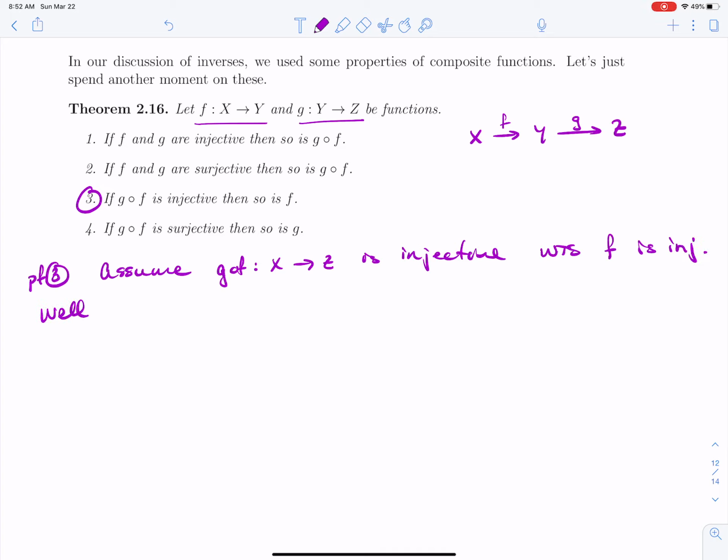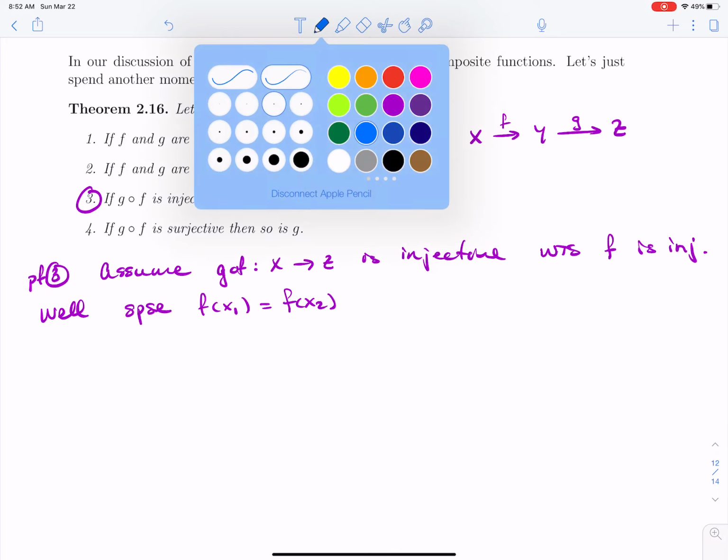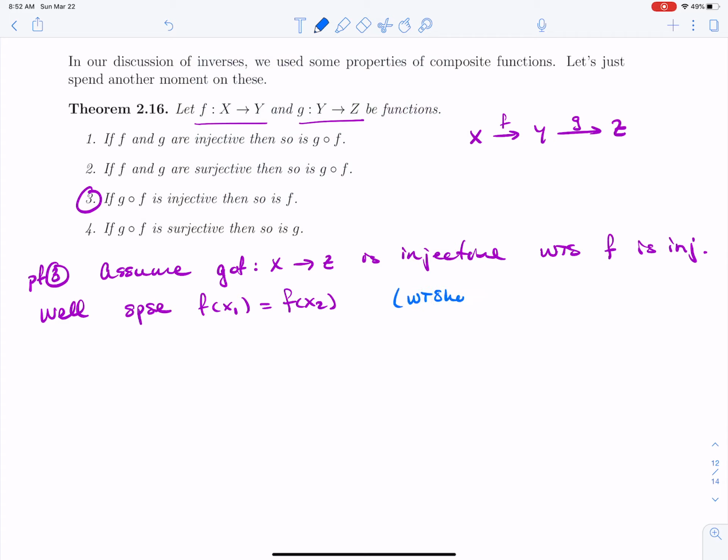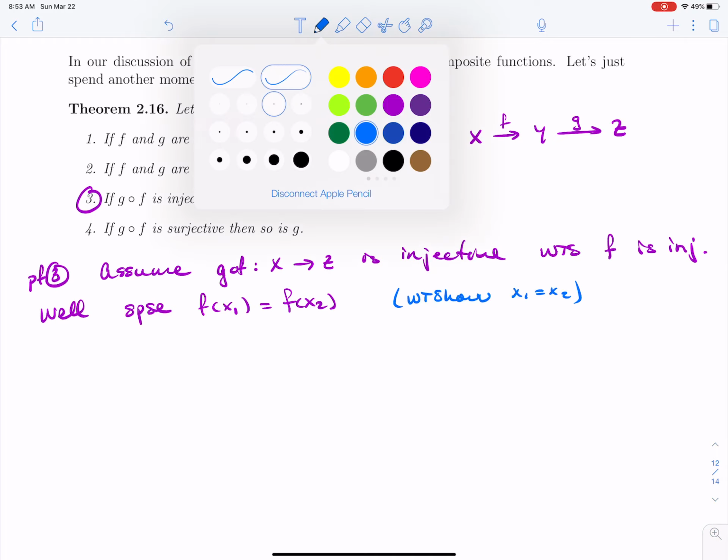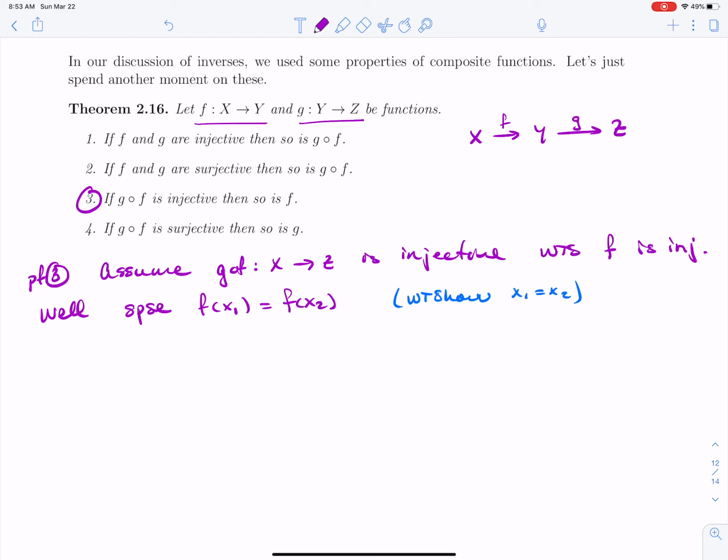Well, how do we do an injectivity proof? Suppose that f of x1 equals f of x2, and we remember we want to show that x1 equals x2. That's our goal. So we've got x1 here and x2 here, and suppose they both map to y. Then I could use that I know the composition is injective.